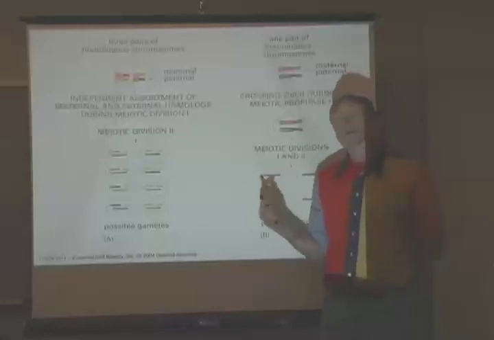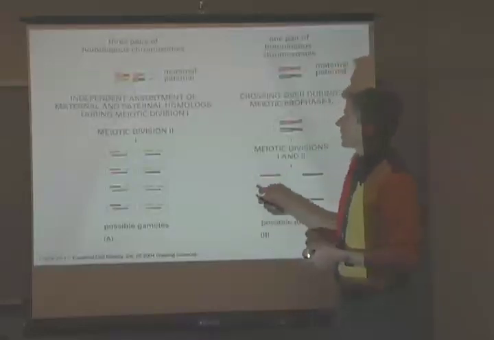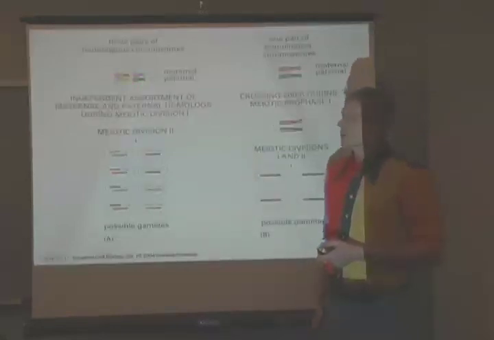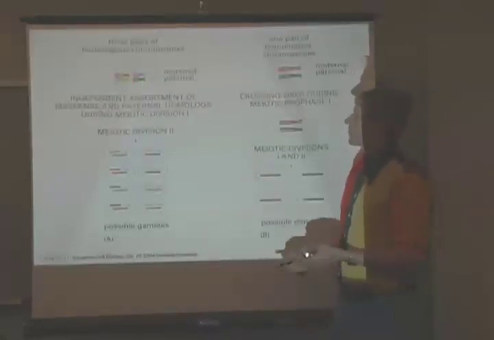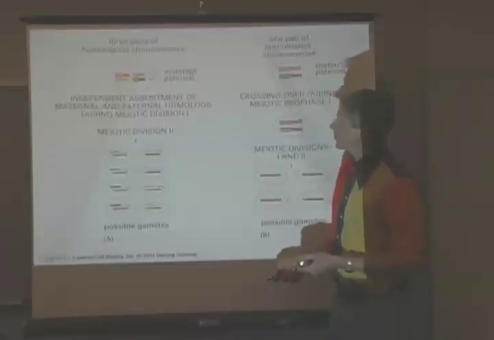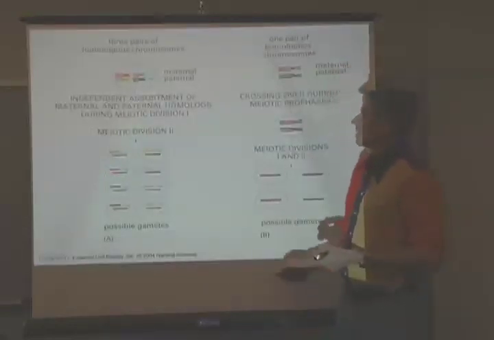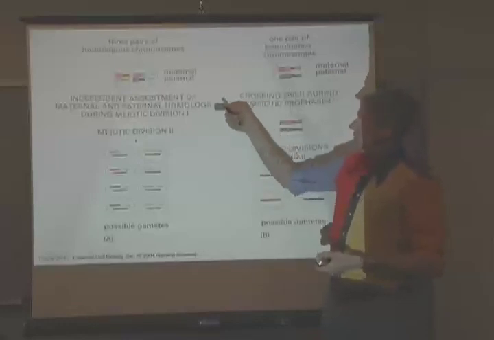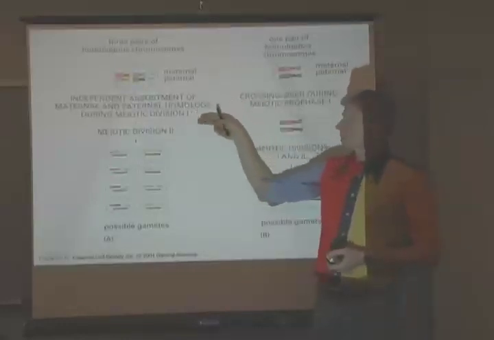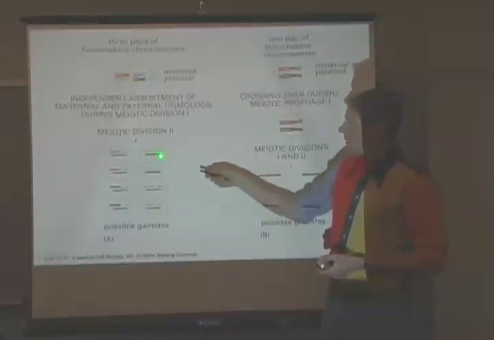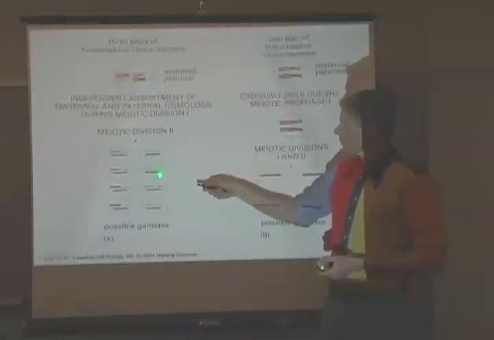So let's imagine a simple organism here with 6 different parental chromosomes, okay? If you can see the colors, you've got red, yellow, brown, dark brown, blue, and green, okay? During meiosis, you only get one of each of these, but you might get one yellow, one green, one brown one, or you might get one yellow, one blue, one brown one.